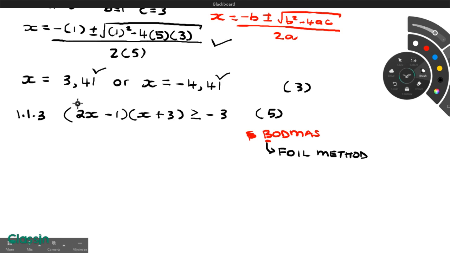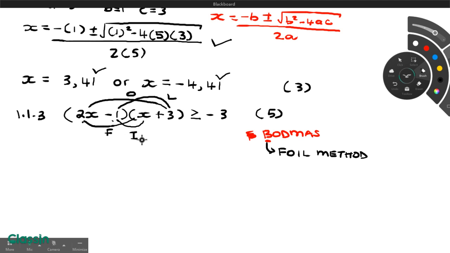When I was still at primary school, my maths teacher would say the FOIL method is first, outer, inner, then last. So he'd do something like this.